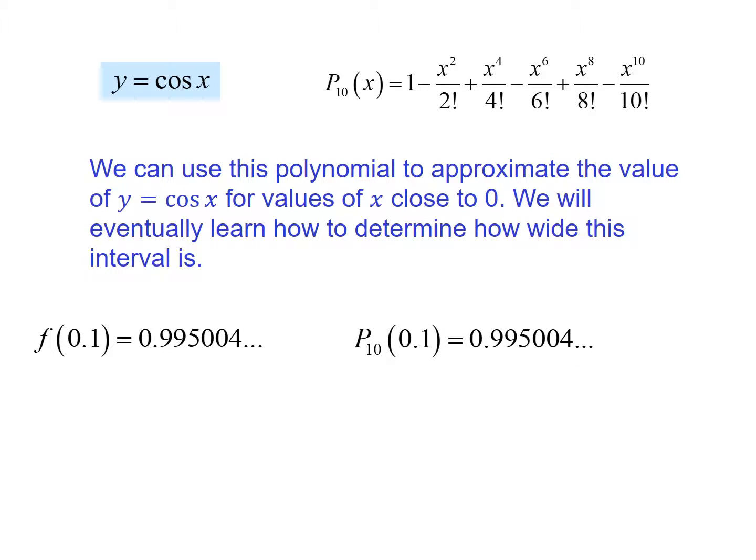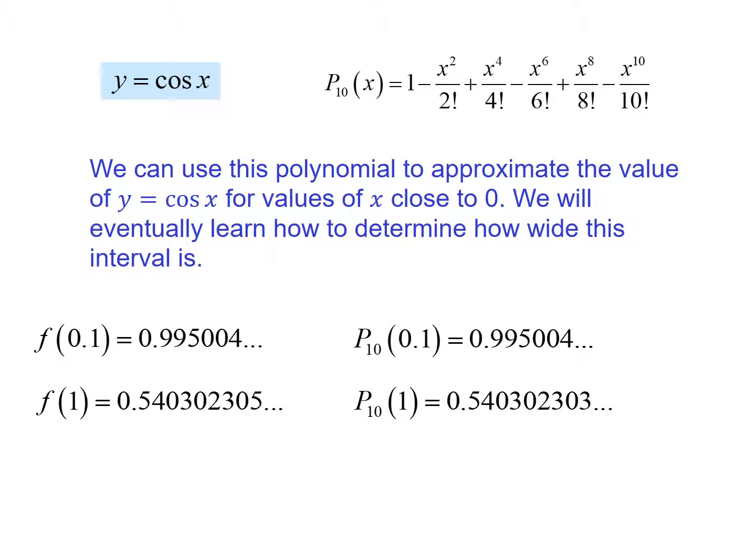To get an idea of how good this approximation was, the actual value of cosine of 0.1 is 0.995004, and our polynomial gives 0.995004. We go out even further, so go out to 1, so 1 unit from where we had our approximation centered.